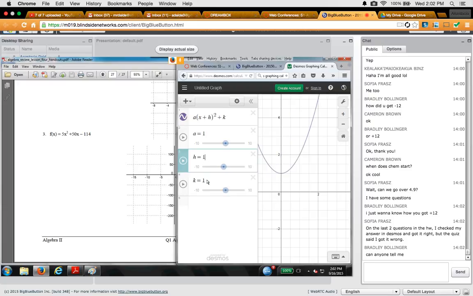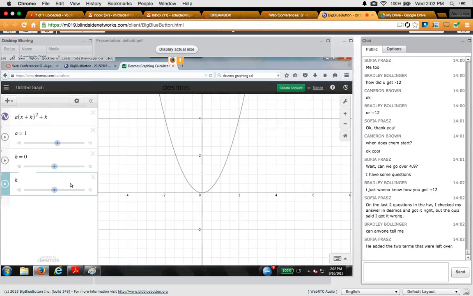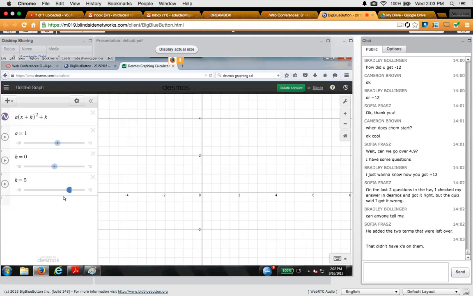I'm going to make this 0. I'll make this bigger. Now, you know this thing. If k is bigger, it pulls that parabola where? As k gets bigger, it goes up. We cool? And as k gets smaller, it goes down.